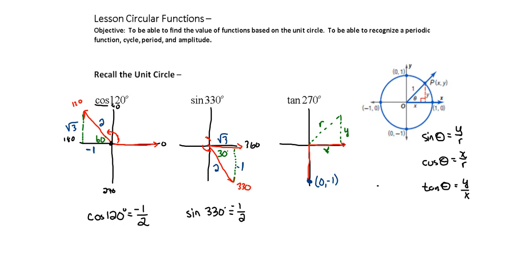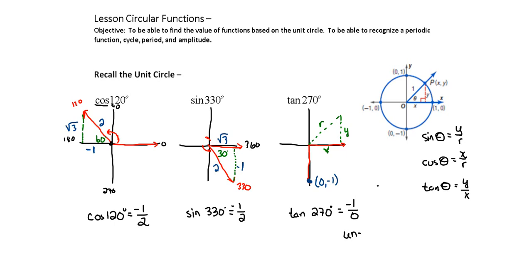For this problem, the tangent of 270 degrees is going to be, and if you look over here at the things that we wrote down, tangent is y over x. So y over x, in this case -1 over 0. So when you write -1 over 0, this one is undefined.